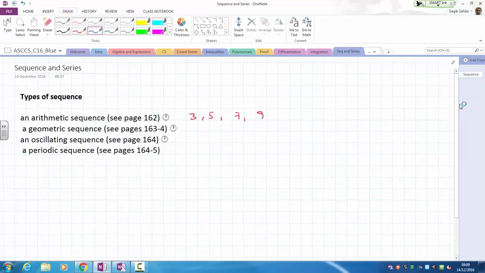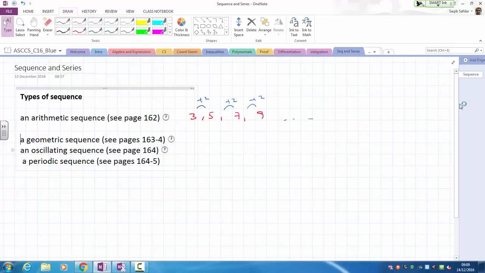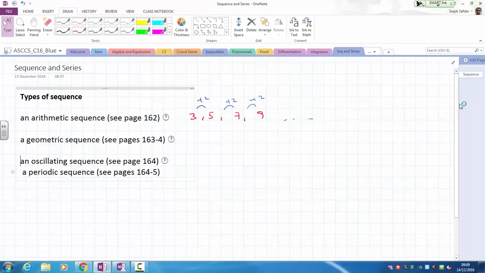What's the constant? What are we applying? What's the difference between them? 2. So we just add 2, add 2, add 2, and so forth. So therefore that's an arithmetic sequence. And then we just create some space.